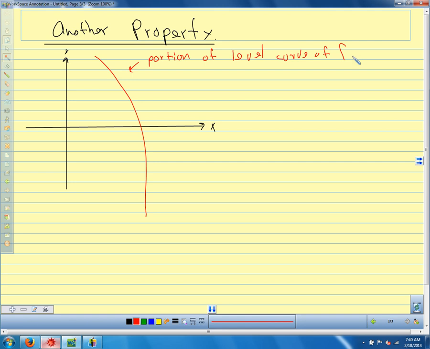And on a level curve, and I'm going to say z equals f of xy, what do we know about my function? How did we define a level curve? A function equals what? Constant. So z equals a constant.